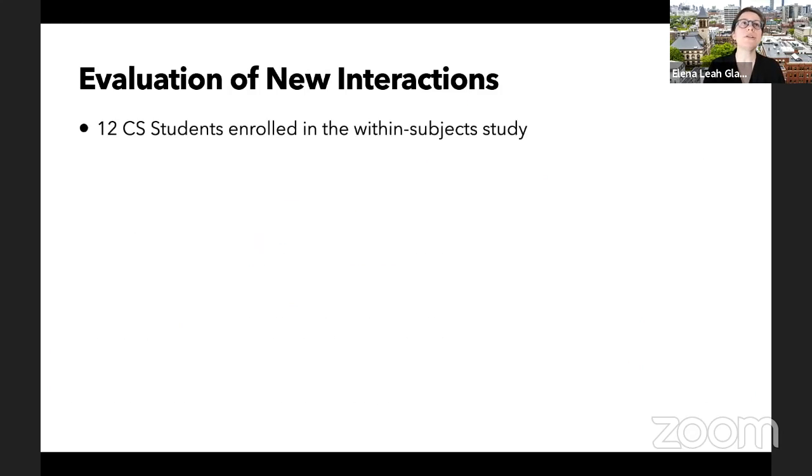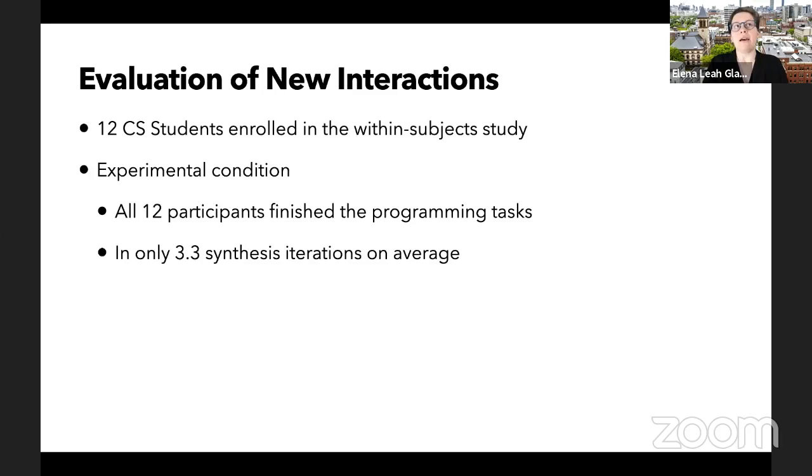In this evaluation, we had 12 computer science students. Each of these 12 people was in the lab virtually over Zoom for about an hour. We gave them, I believe, one programming task in the control condition and one in the experimental condition.